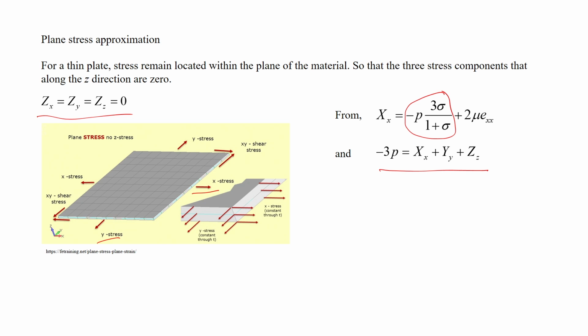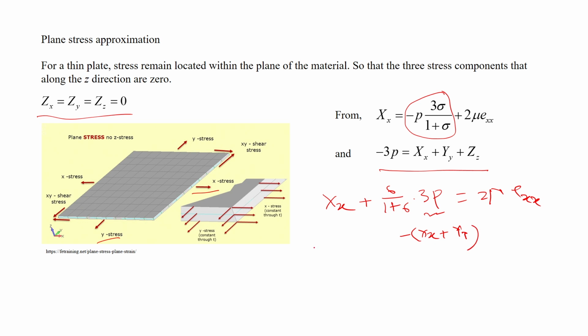So, therefore, we can write here xx plus sigma by 1 plus sigma into 3 p. So, plus 3 p, right. Here we will have zz equal to 0. So, we will have 3 p, okay. This is equal to 2 mu e xx. Here this 3 p is equal to minus of xx plus yy, because from here.